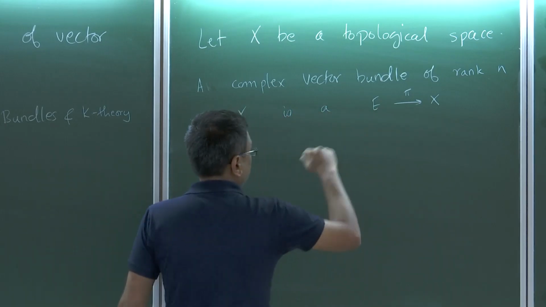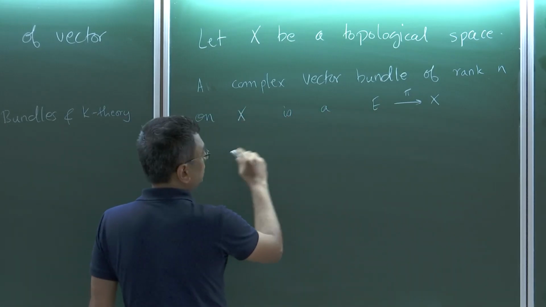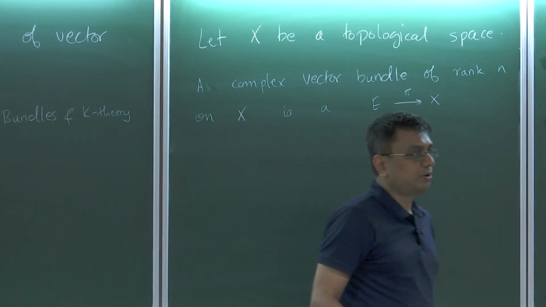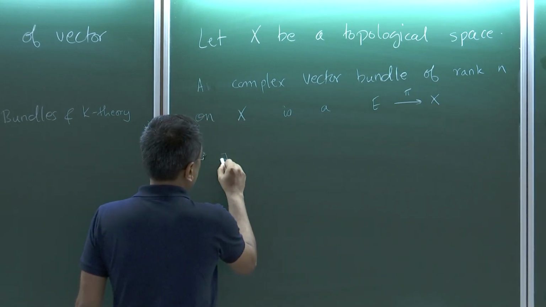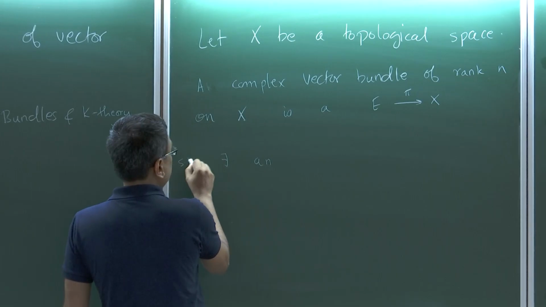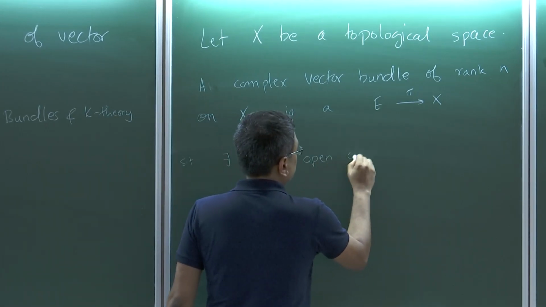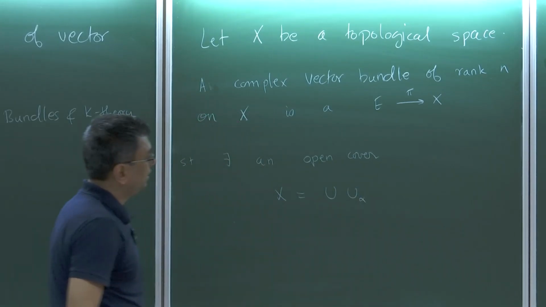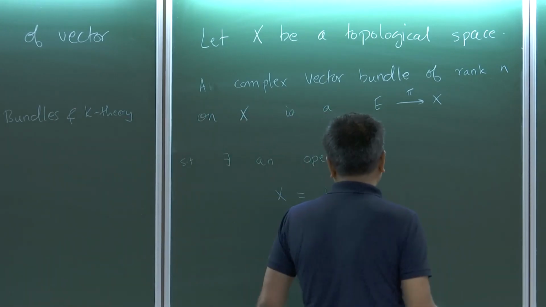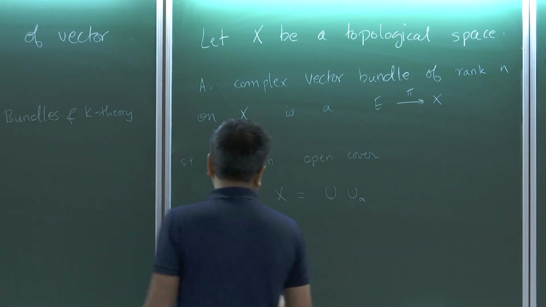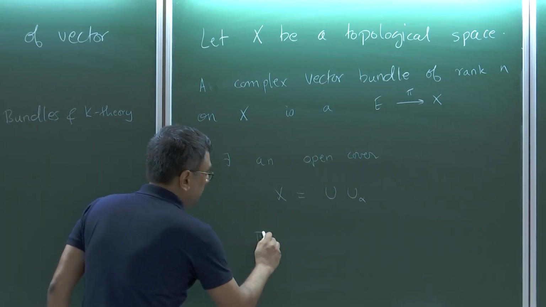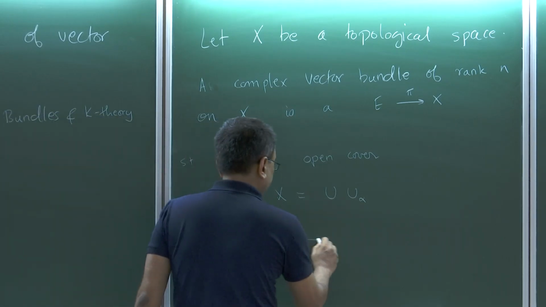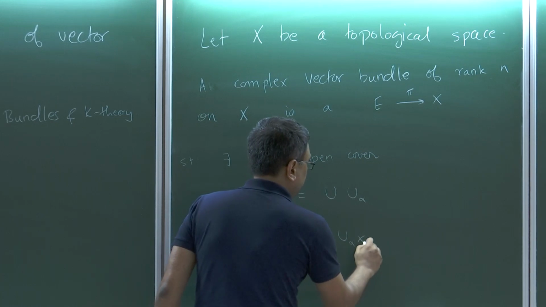We say that this vector bundle is trivial on an open cover of X. So there exists an open cover, X equal to the union of U alphas, such that if I restrict this vector bundle to U alpha, which means I take the inverse image of U alpha in E via the map pi, so pi inverse of U alpha is isomorphic to U alpha cross C^n.